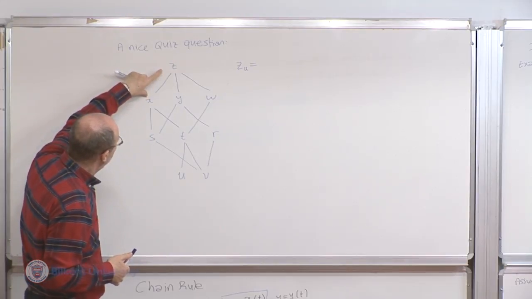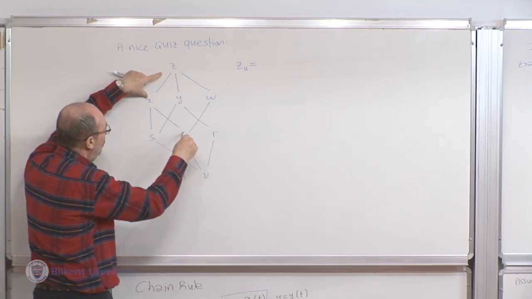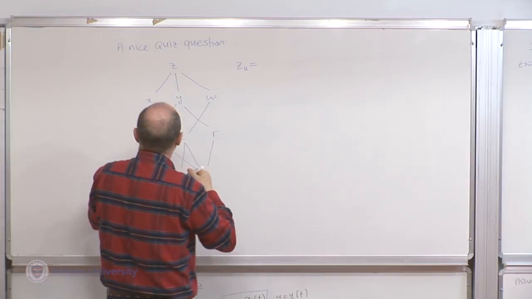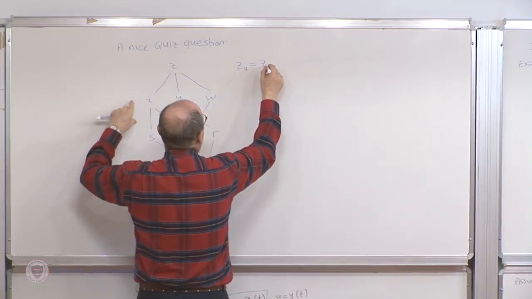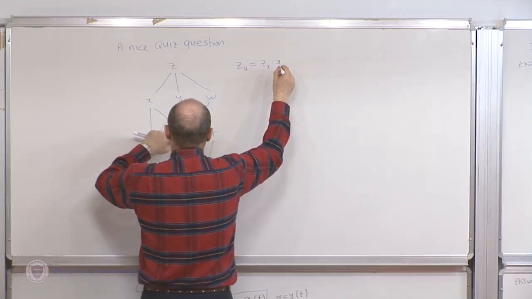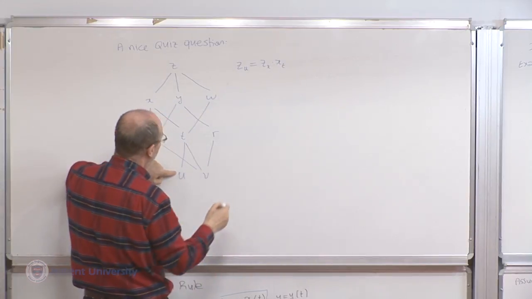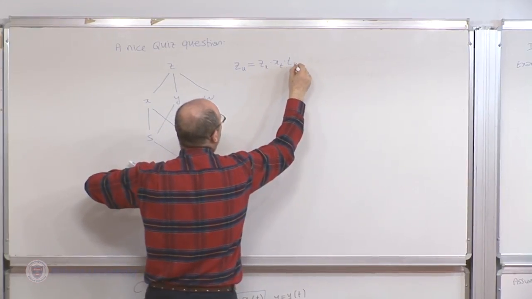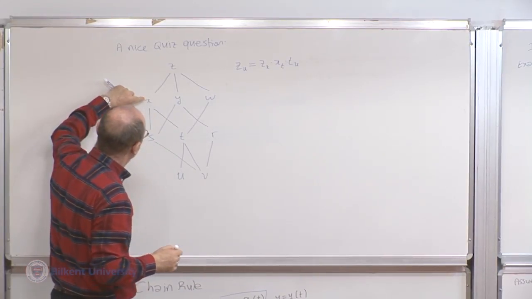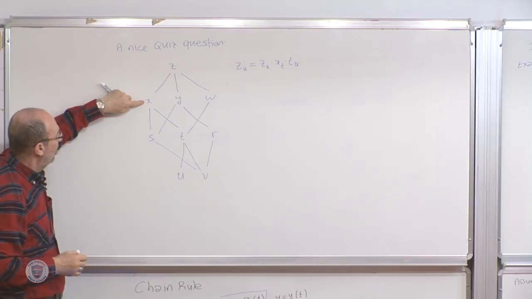So first, you go to x, you go to t, and you go to here. So this is one path. Let us write it. Derivative of z with respect to x, I see here, derivative of x with respect to t, and derivative of t with respect to u. So this is one path. I found this one. There is no other way to go to u from x.